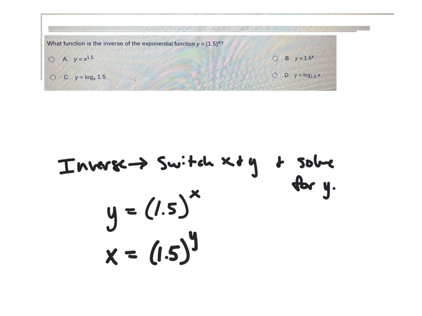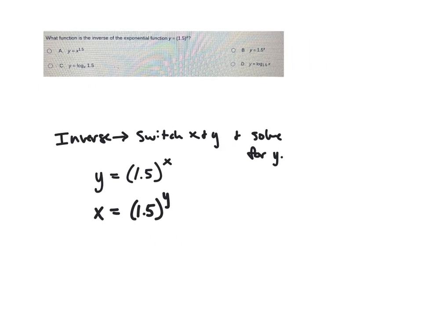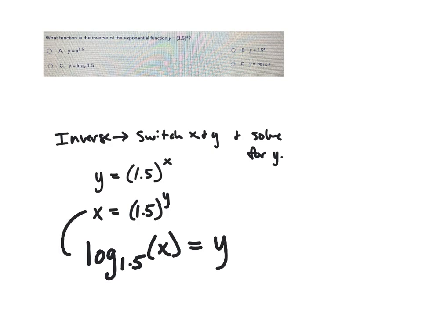Now you want to solve this equation for y. Remember that y is an exponent, and to solve for an exponent we use a log. So I'm going to write log base 1.5 of x is equal to y. All I'm doing from here to here is going from exponential to log form, and that's how you find a log function given an exponential function. So your answer here is D.